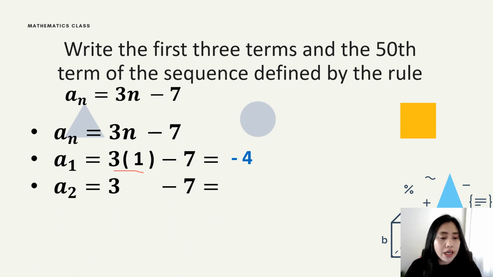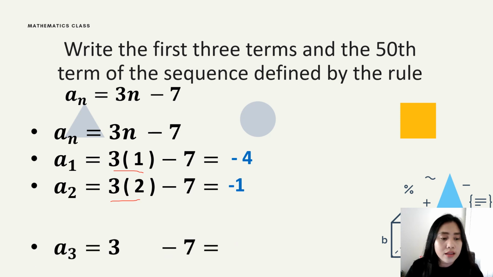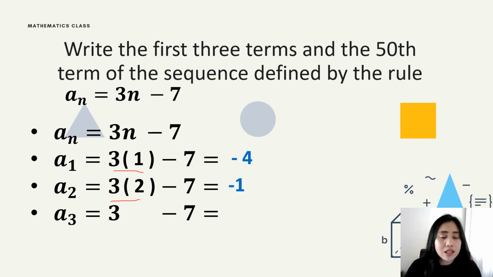Second term, a sub 2 is equal to 3 times 2 minus 7. 3 times 2 is equal to 6 minus 7 is equal to negative 1. A sub 3 is equal to 3 times 3, which is 9 minus 7 is equal to 2.